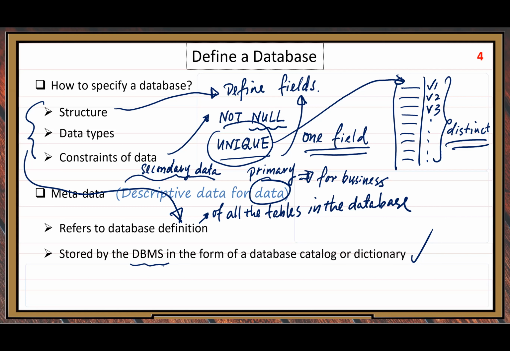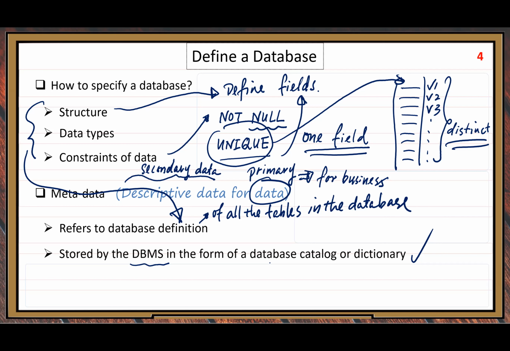The DBMS will find the appropriate location in your hard drive to store the metadata, separated from your business data. Your business data is stored somewhere, metadata stored in a different place, an appropriate location, in the form of a database catalog.